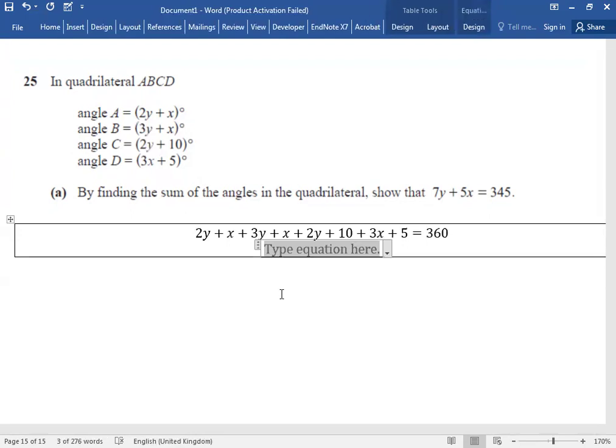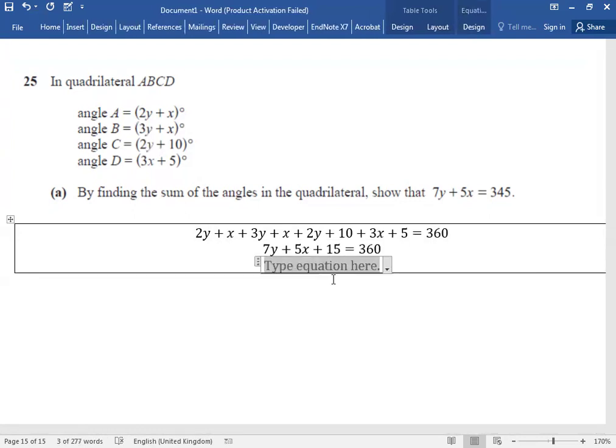Add all the y's together: 2, 2, 3, 7y plus 5x plus 15 is 360. 7y plus 5x is 345.